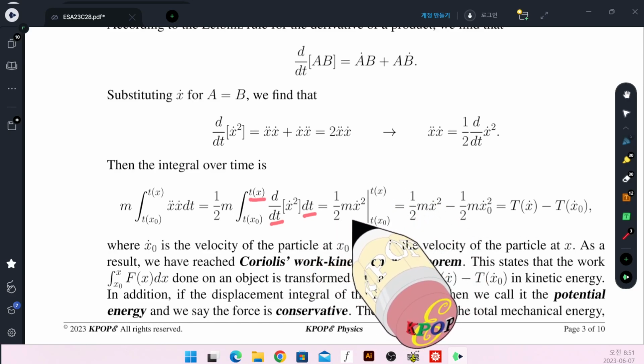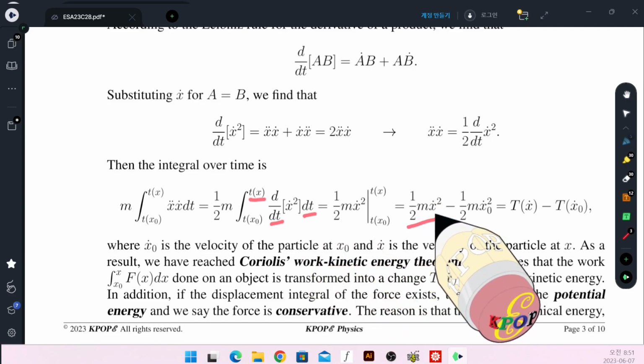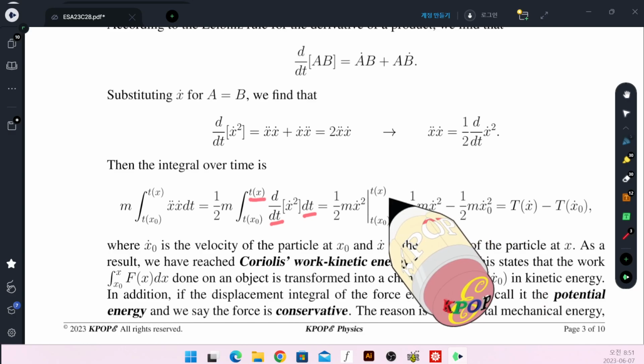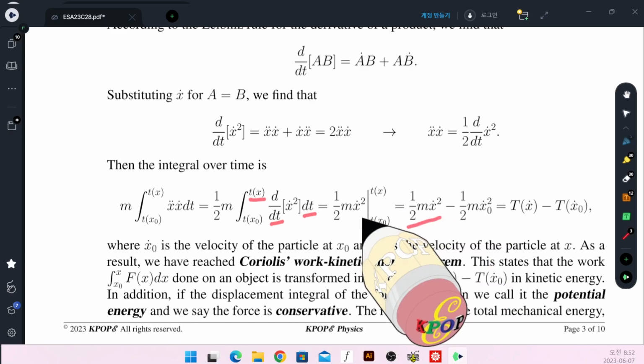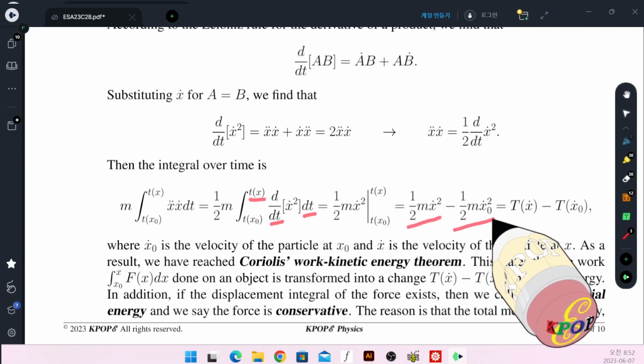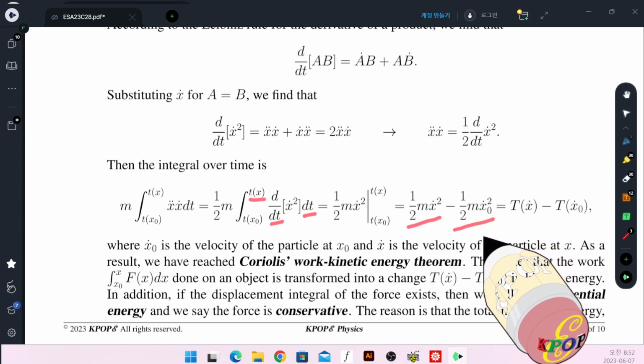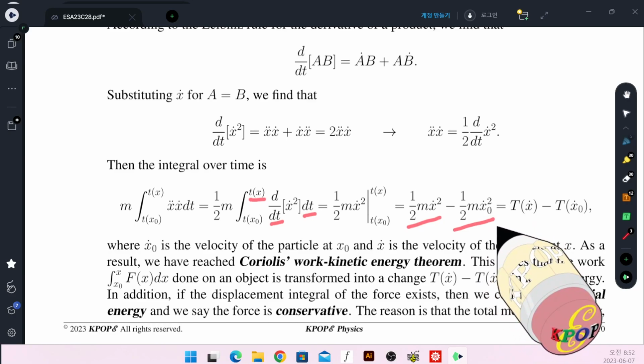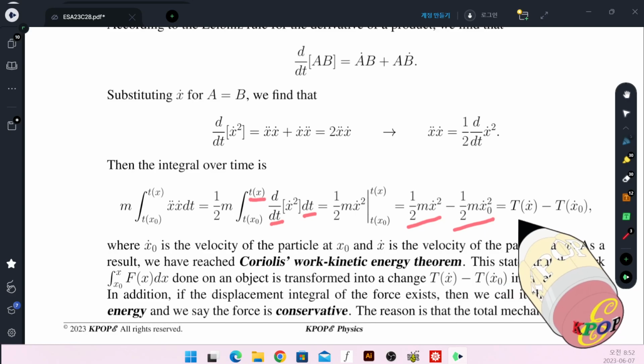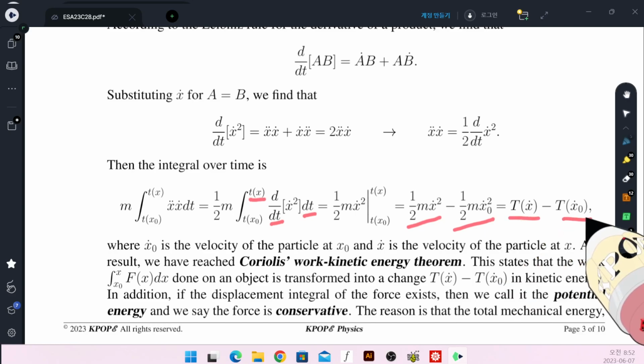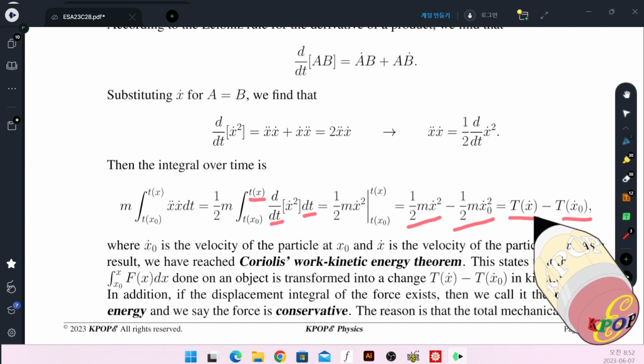So at x, its kinetic energy is 1/2 mv squared, evaluated at that point, subtracted by the value of the kinetic energy evaluated when the particle was at x0. Therefore, this is nothing but the difference of the kinetic energy from the initial position to the final position.